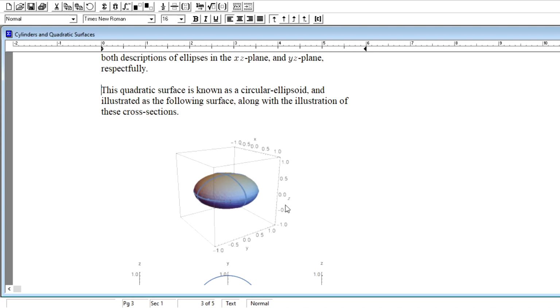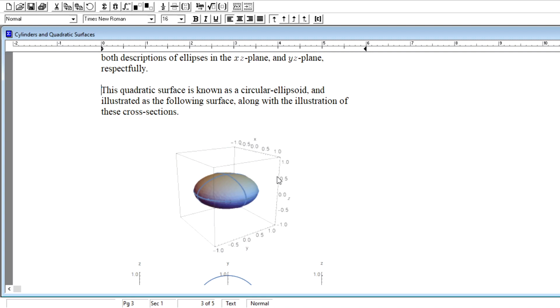Here's y, here's z, so here's y and z's ellipse. Here's x, here's z, so here's x and z's ellipse. All coming together in the center of this shape, where along this outer border we have that circular conic section.